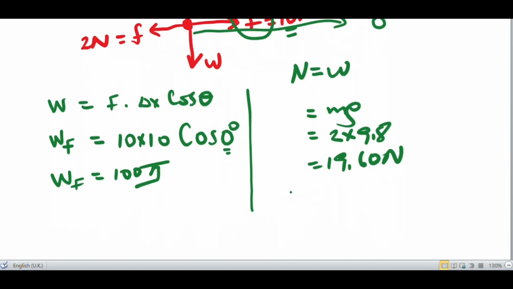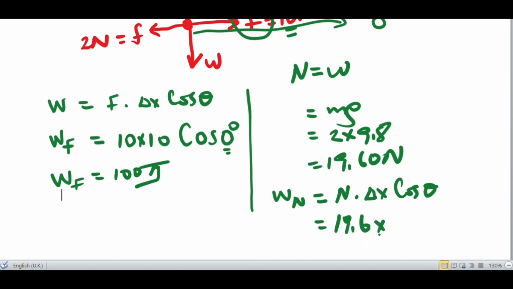Now we want to calculate the work done by the normal force. It will be the normal force times delta x cos theta. So the normal force is 19.6 times delta x, which is 10, times cos of the angle.